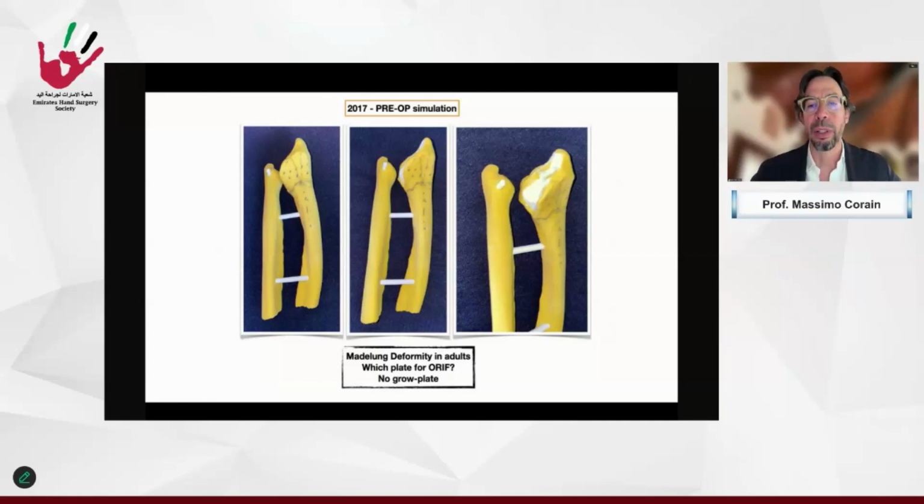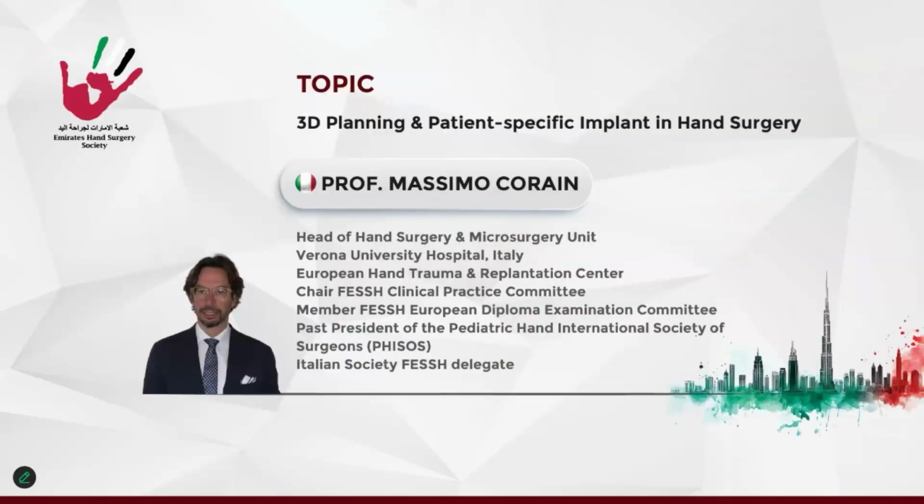And this is what I normally did when I used a freehand osteotomy for Madelung deformities. And this is the plate, an ulna plate, because I didn't have a custom-made plate. So this is short, this is straight, and it has enough screws to stabilize the distal and the proximal part of the osteotomy.